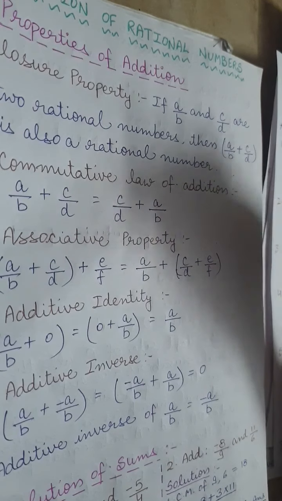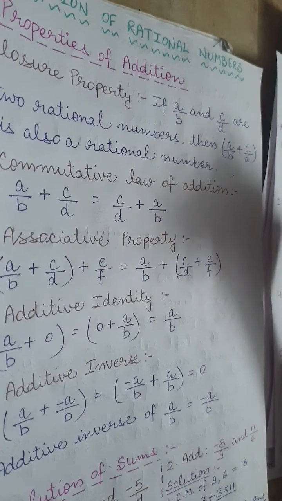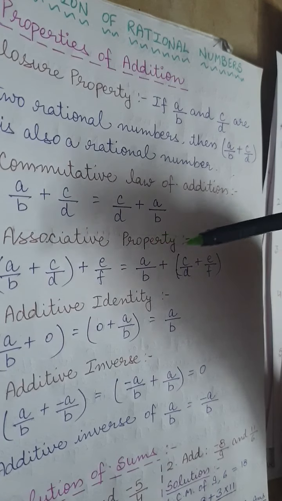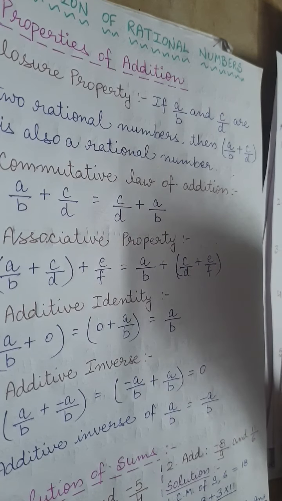Both sides will give the same answer. This property is called the associative property.